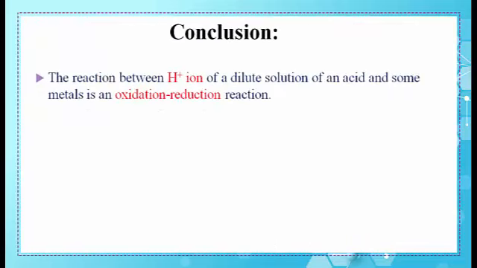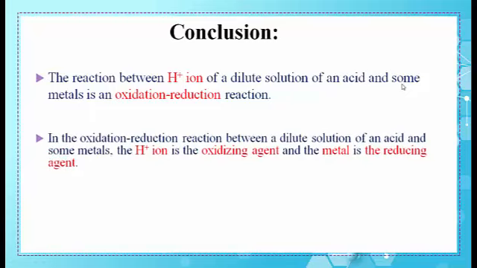We can conclude that the reaction between H+ in a dilute solution of an acid and some metals is important here: some metals can react with H+, and this is an oxidation reduction reaction. Also, in the oxidation reduction reaction between a dilute solution of an acid and some metals, the H+ ion is the oxidizing agent and the reducing agent is the metal.